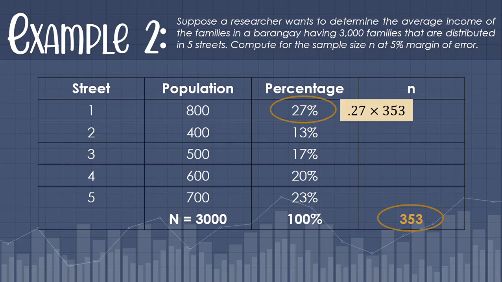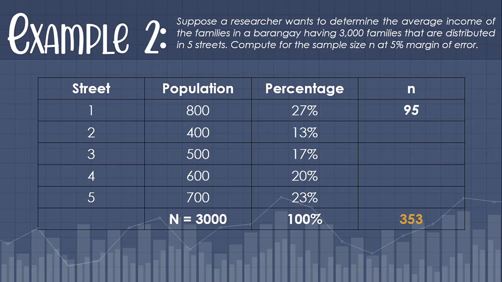Don't forget to convert the percentage into its decimal form. So 27% will become 0.27 times 353, that is equal to 95. Again, we're talking about people or families, so don't forget to round off your answer to its nearest whole number.